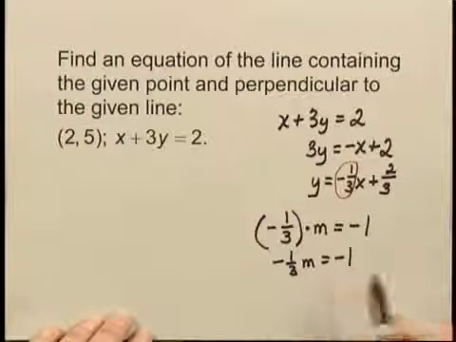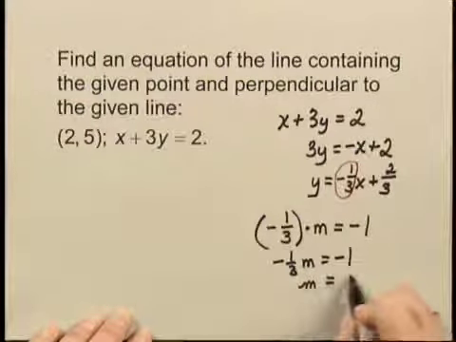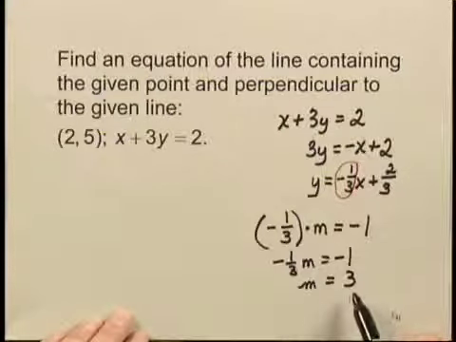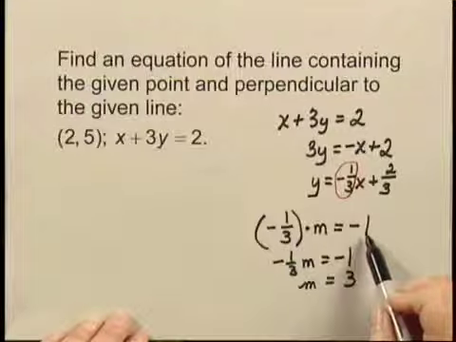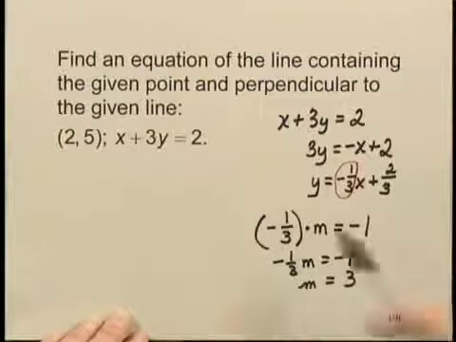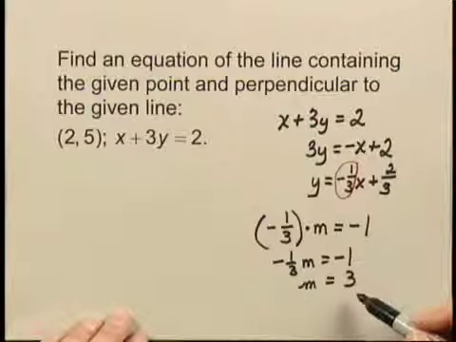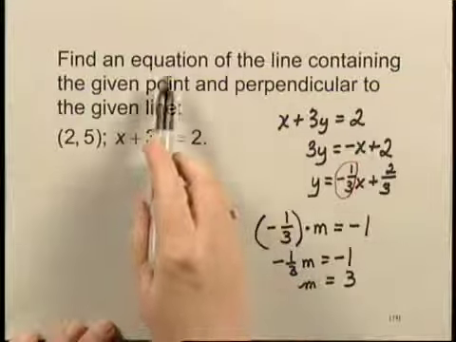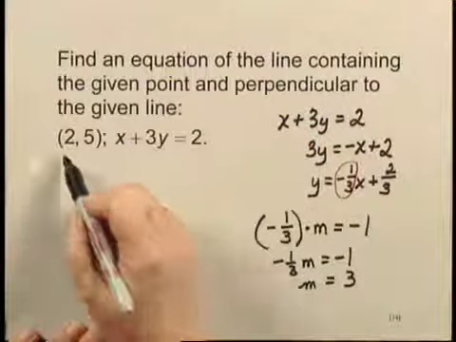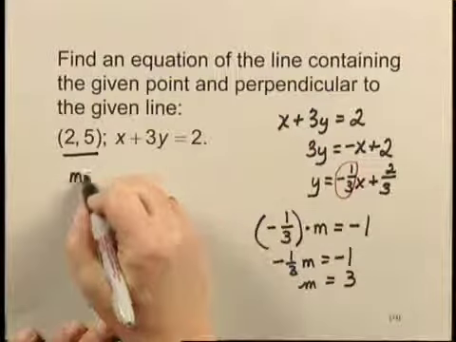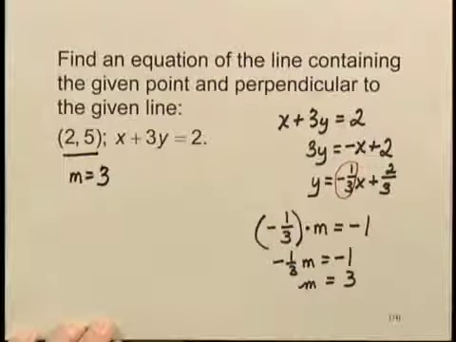Multiplying everything by -3, I have m = 3. Since -1/3 times 3 is -1, any line perpendicular to this line will have a slope of 3. And that's what we're looking for. So the equation of the line containing this point and perpendicular to this line will have a slope of 3.